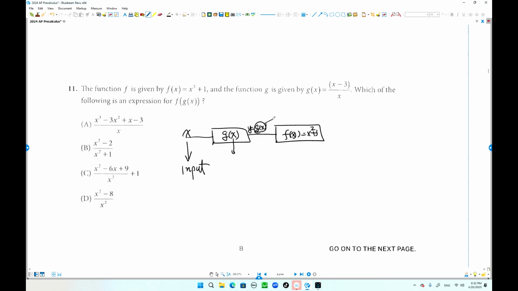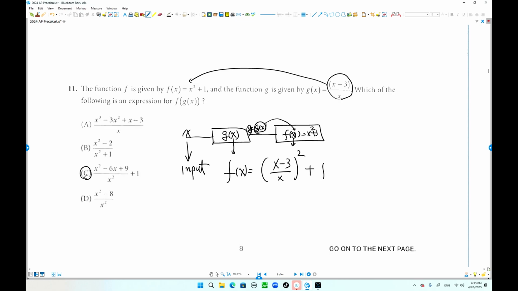This one is the x, okay? So x is a dependent variable here, not independent, okay? Move this one, holding. This is y over here going into the x. So f of x equals x minus 3 over x squared plus 1. Okay, when you take a look, option C is equivalent, right?